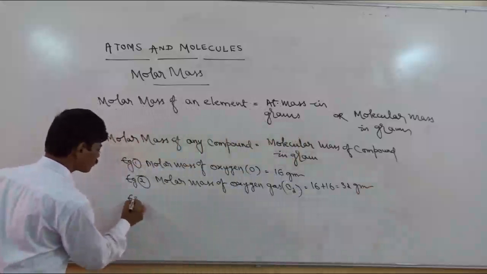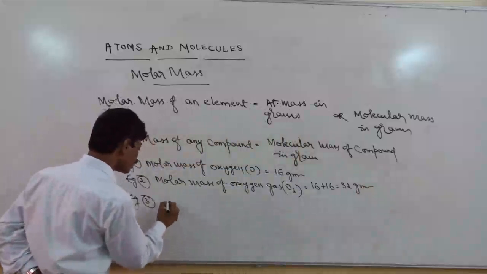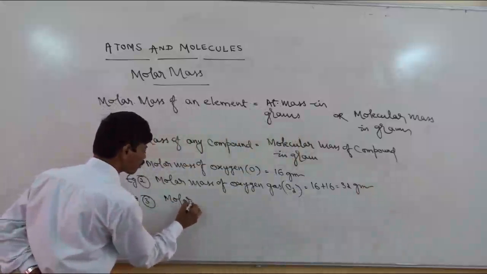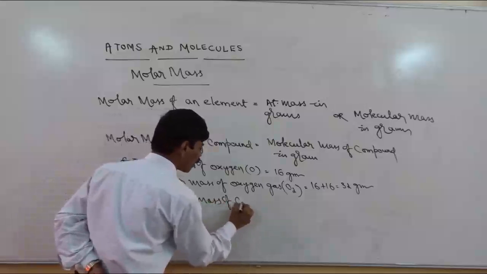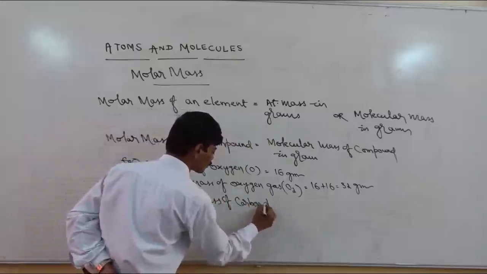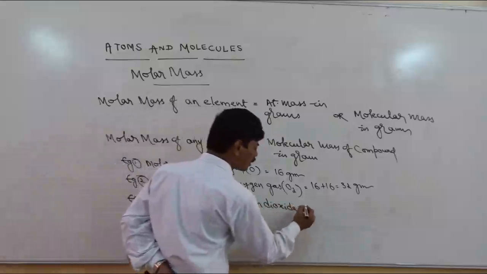Next, example 3. Now we will move to a compound. So molar mass of carbon dioxide, its composition is CO2.